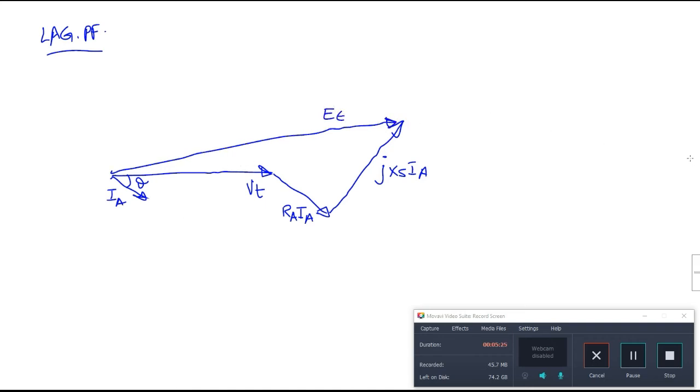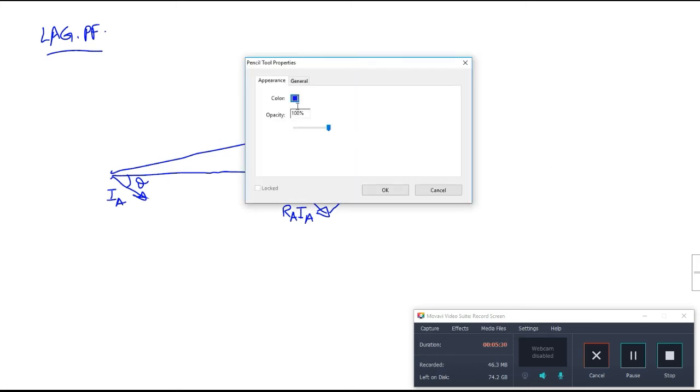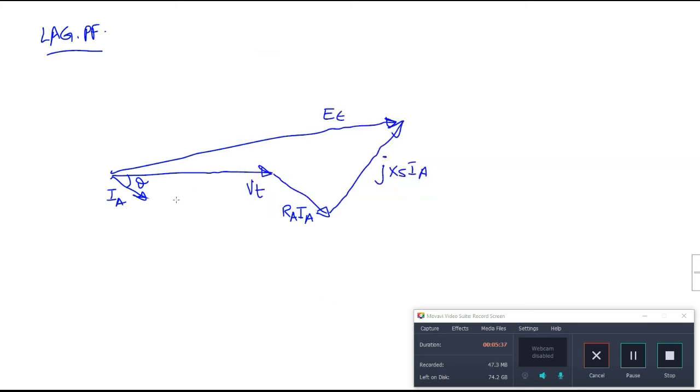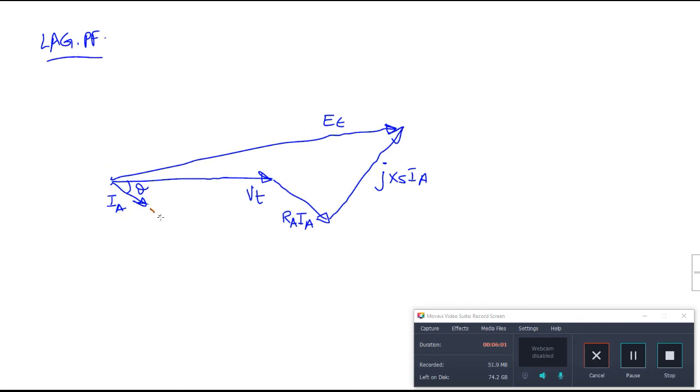Now to find this ET, and keep in mind this is per phase all the time, we're going to project this current like that. Continue the line, so imagine this line is straight like this. By the end, we need to make a right triangle here in order to find ET.